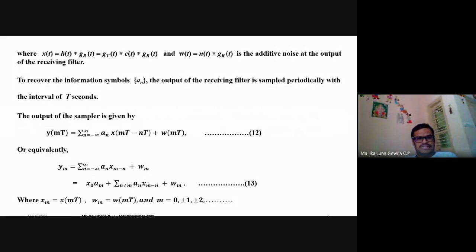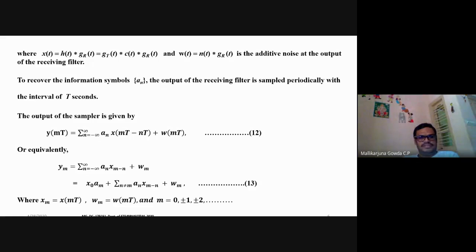I think it should be x_0 and a_m, right? When n is equal to m, I get x_0, and I can write this as x_0 a_m, plus other symbols, that is when n is not equal to m, I get a_n x_(m minus n), plus w_m.